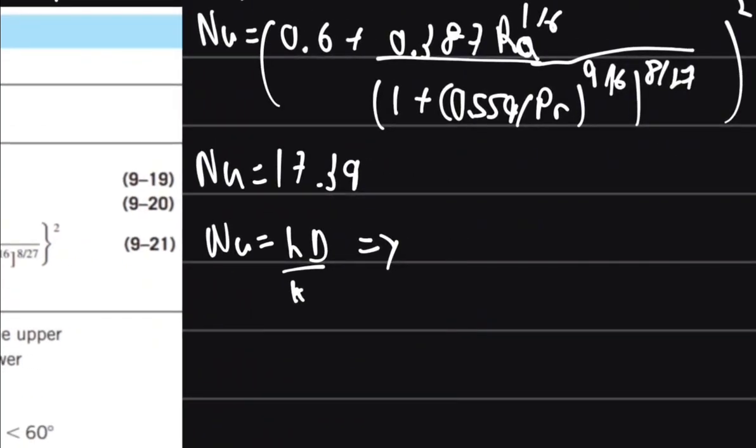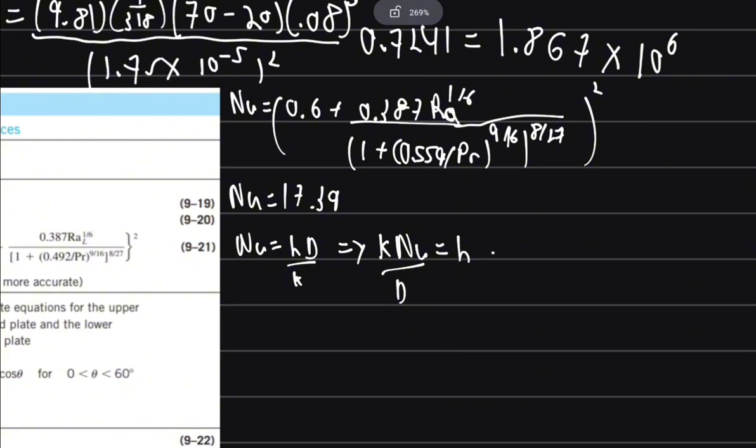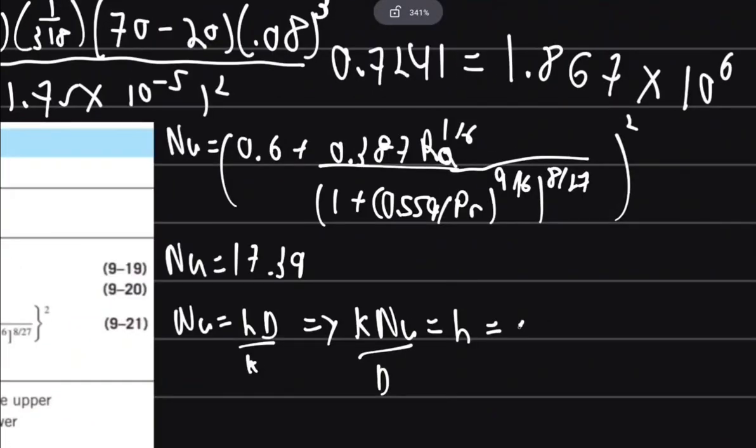So I will go ahead and do this, because I might as well show you again. Move the k over, divide by d, that equals h. So we have the Nusselt number, and we have k, that should be given, 0.02699, times the Nusselt number, which was 17.39.